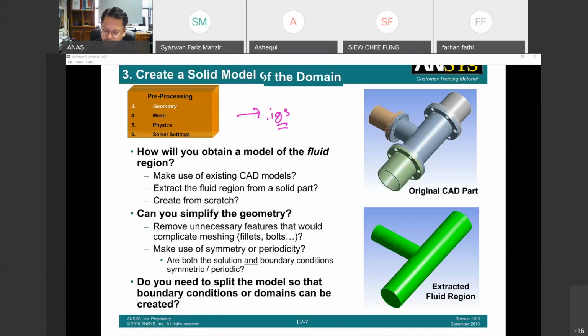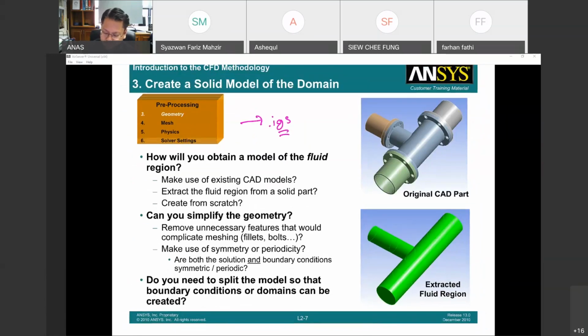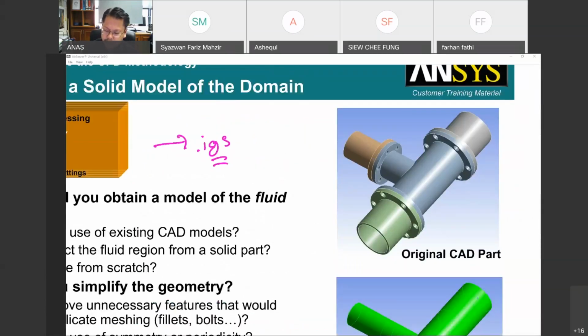Okay, and for example, if you have something like this, I think this is quite important. Sometimes students just don't get it. You are interested, for example, to check the flow inside the pipe. The question is, do you need all this detailed shape of the flanges? More often, no. Because you are just interested to look at what is happening inside the pipe.